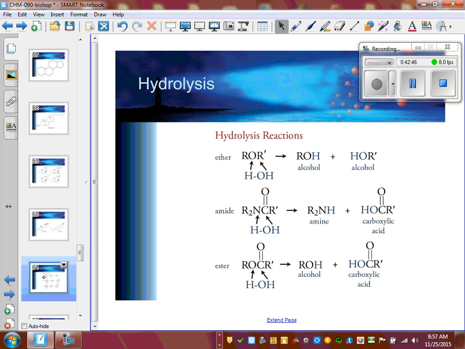We could take the amide, remember from the protein, hydrolyze it, and get the amine and the carboxylic acid. Now, when we hydrolyze proteins, we end up getting amino acids because the carboxylic acid and the amine are both part of the same molecule. Esters, we hydrolyze, we get back the alcohol and the carboxylic acid.